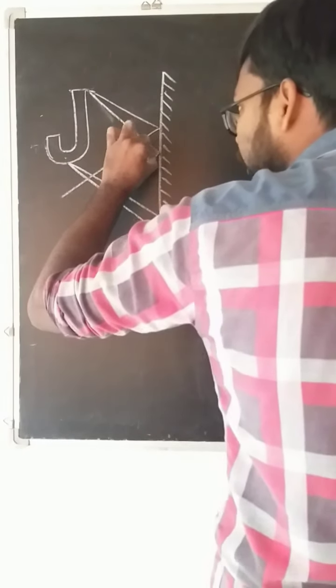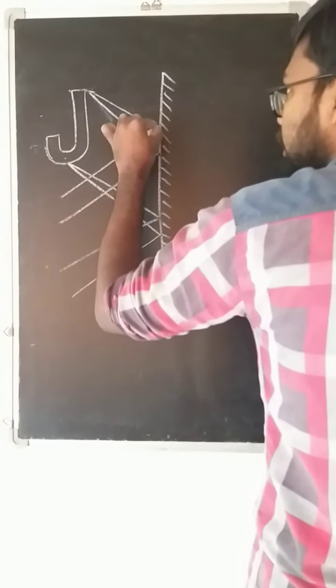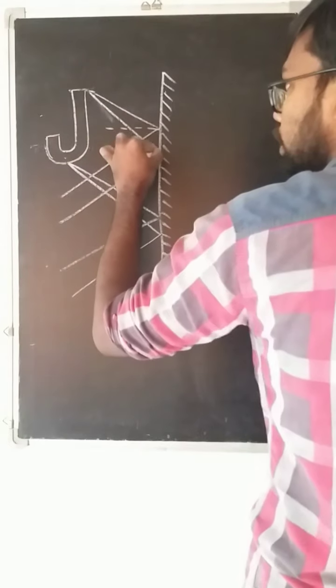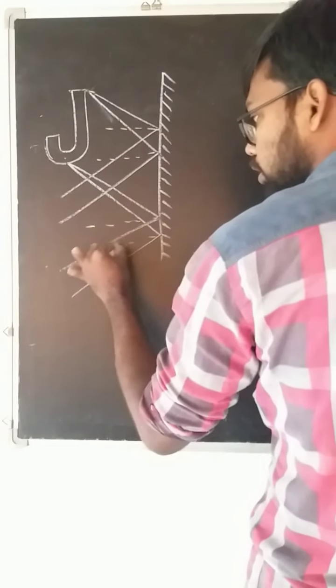Light rays will be reflected like this, and this is the normal, and here it is the normal, and here it is the normal.